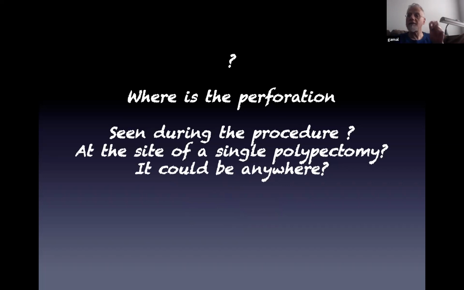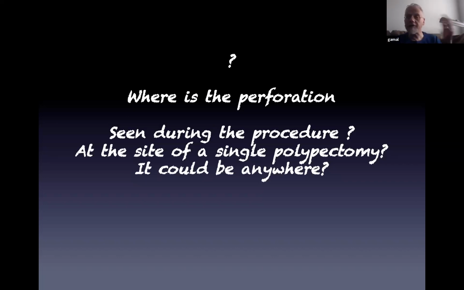So ask yourself a simple, very clear question. I'm going to the operating room. Do I know where the perforation is? You might. You may be sure because the GI doctor tells you, I saw the spleen, so it's left colon. Or liver, or I took a big polyp. The only thing I did is I took a big polyp in the cecum, so very likely it's there.